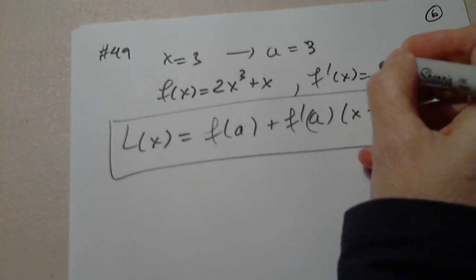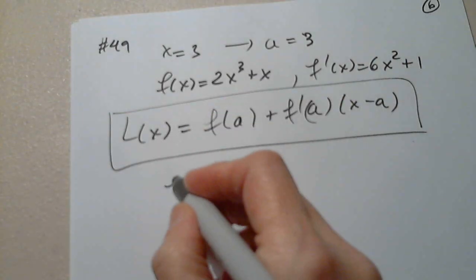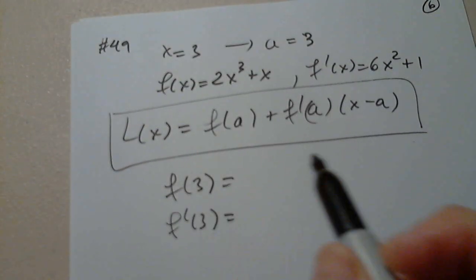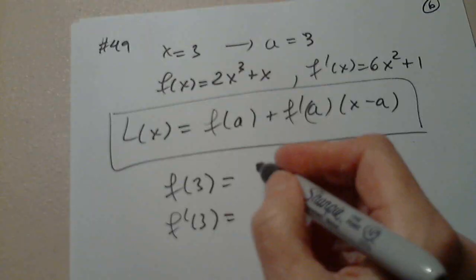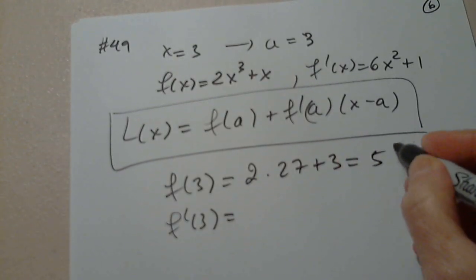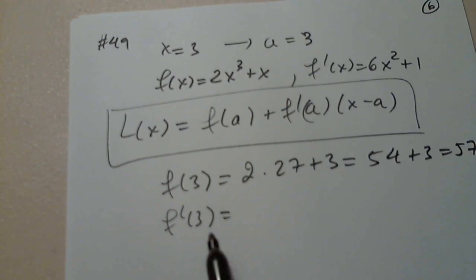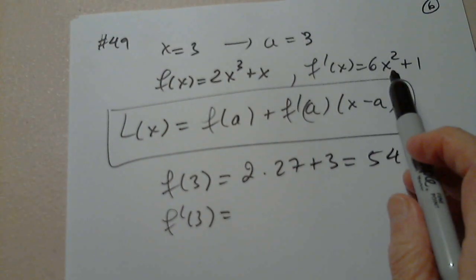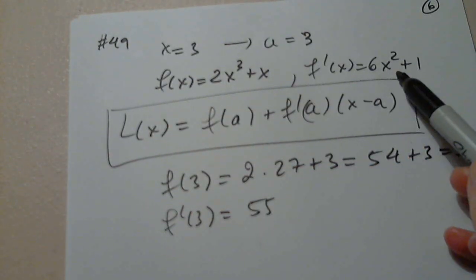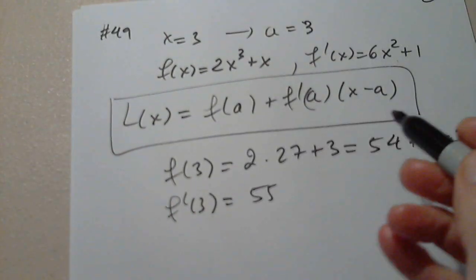So f prime of x is 6x squared plus 1. Let's find f of 3, and let's find f prime of 3. F of 3 is 2 times 27 plus 3, so that's 54 plus 3, I got 57. F prime of 3 is 6 times 3 squared, 6 times 9 plus 1, 55. Good, so now I have to just plug them in.